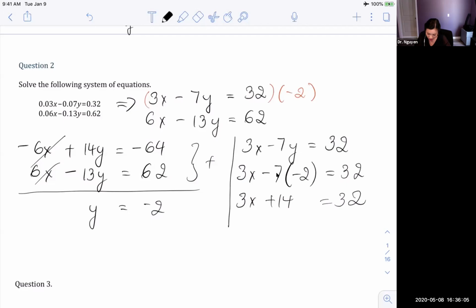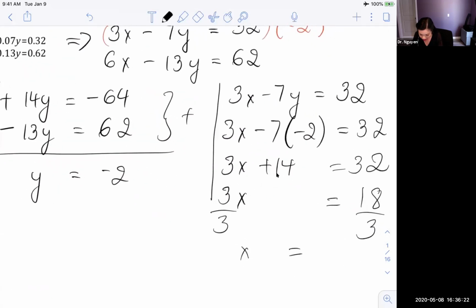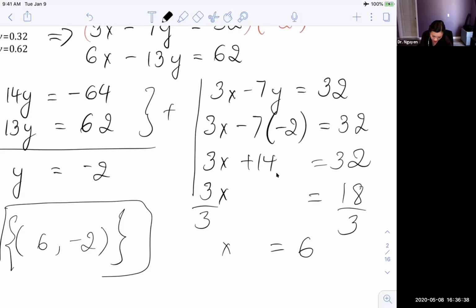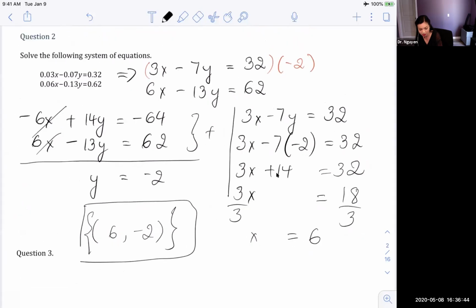Of course, you're going to isolate x, right? If I isolate everything, I get 18 here, divide by 3, divide by 3, and I end up with 6 for x. Okay, so let me write my solution here. It is going to be 6 and -2. As you can see, I write my solution as an ordered pair because that's how you write the solution for a system of linear equations.